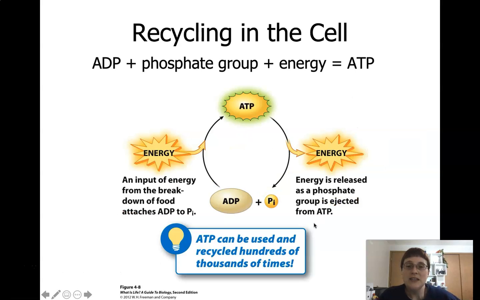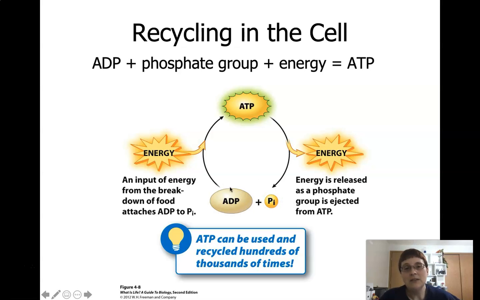And so the way your cells use this ATP, we've got our drained battery and the phosphate hanging out. Well, some of the energy from your food is going to be released and used to charge them up, stick them together, and charge the battery. Then that ATP will be sent somewhere in the cell where the energy is needed. It will break apart. The battery will be uncharged again, so it'll be dead, right?